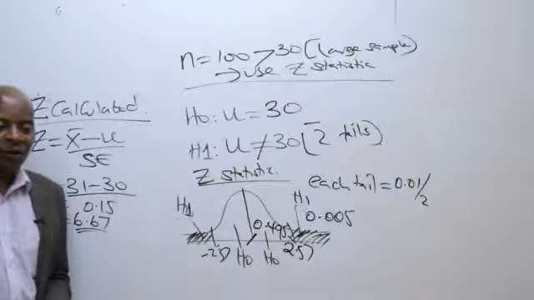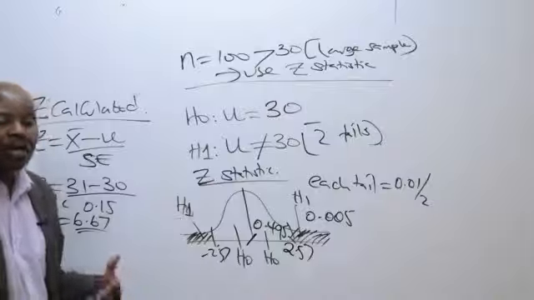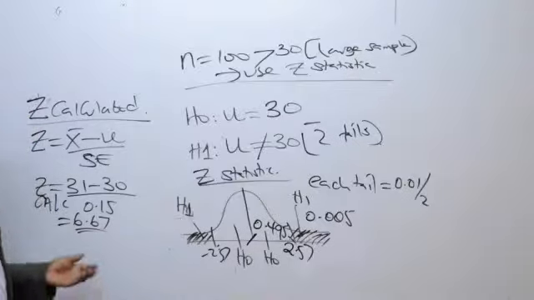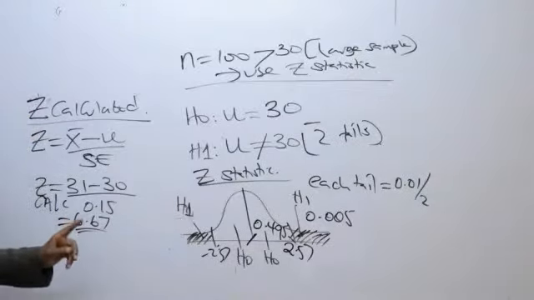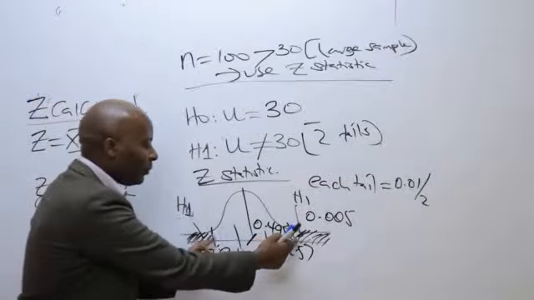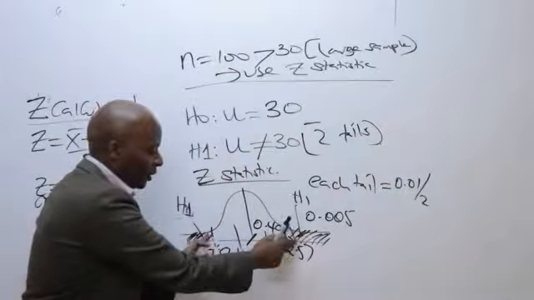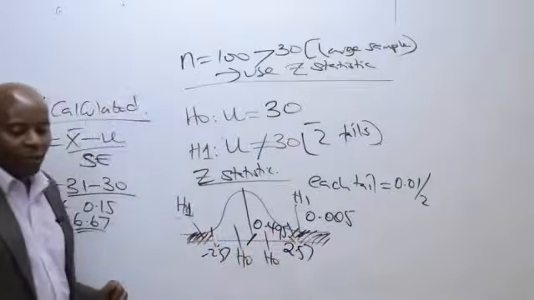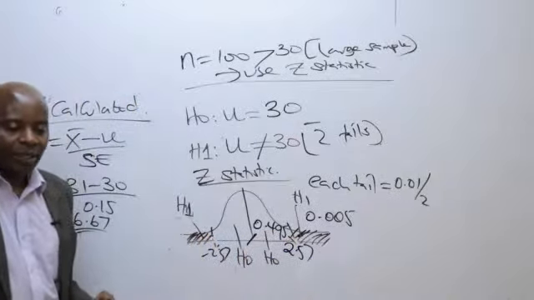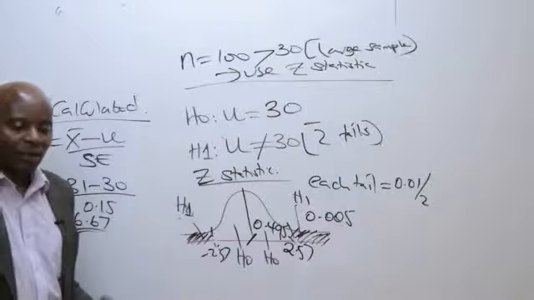The next thing that I will be able to do is to come and compare. Yes, we compare this 6.67. Look at this thing keenly. 6.67 falls in H0, isn't it? 6.67 falls right there at the middle.